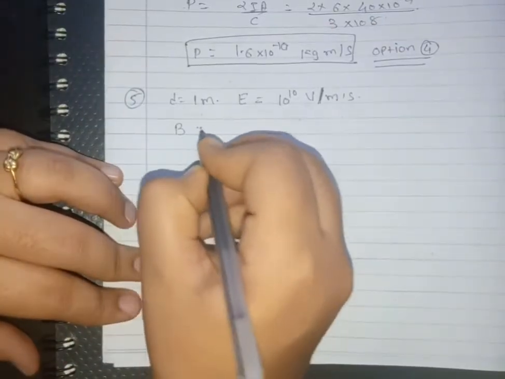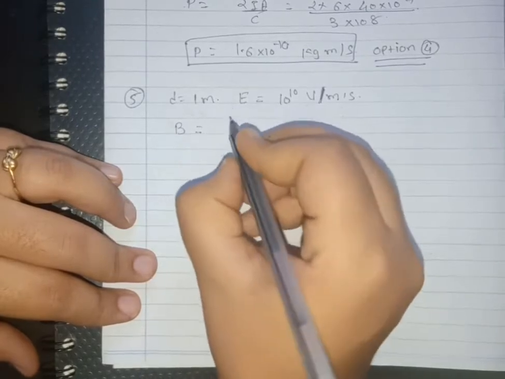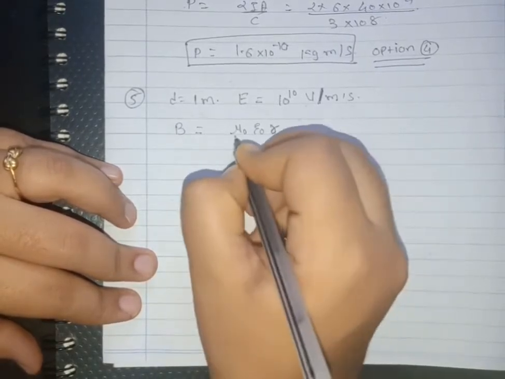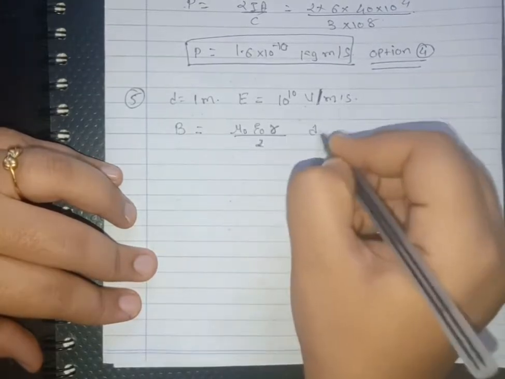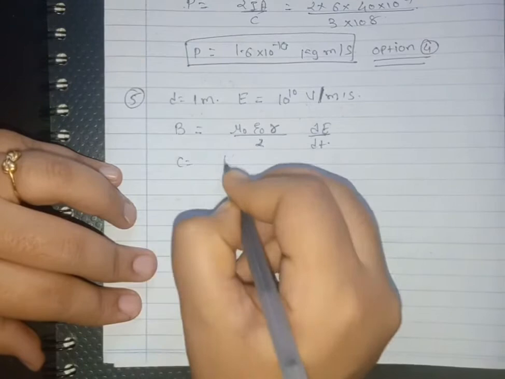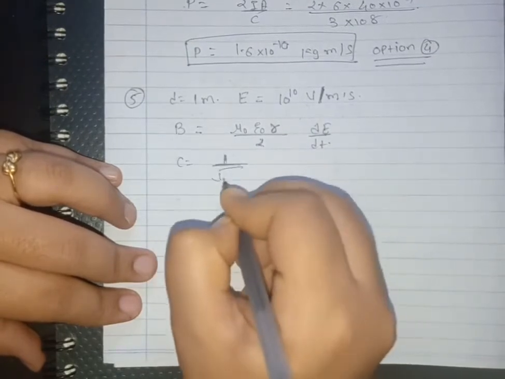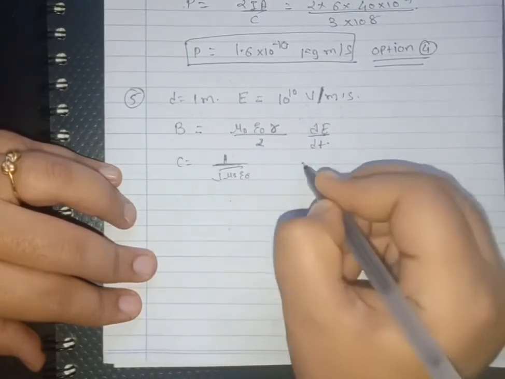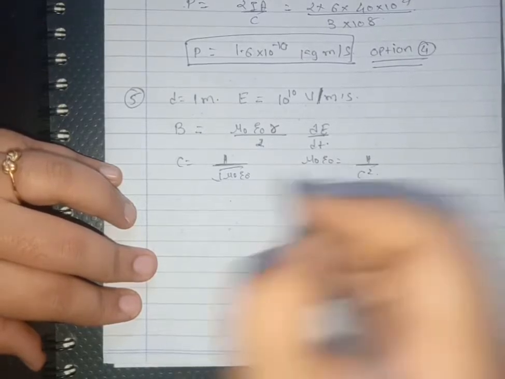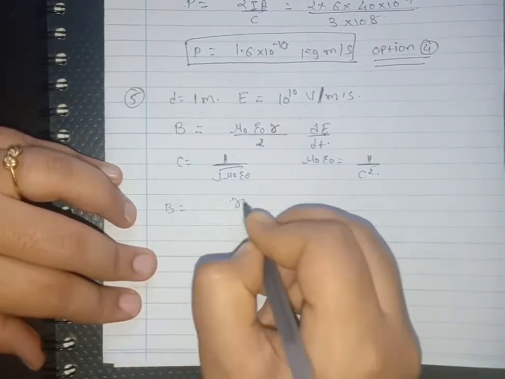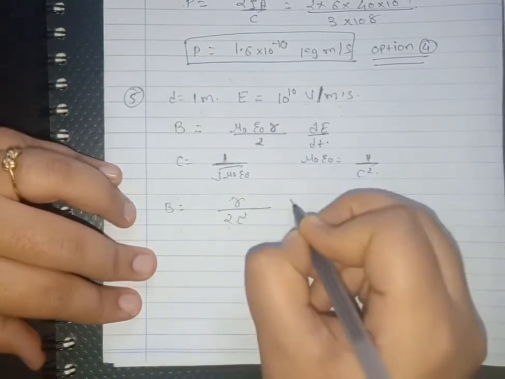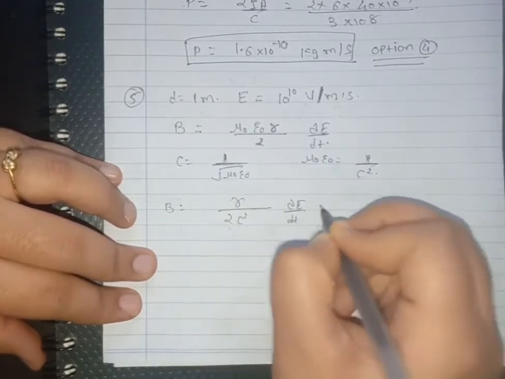Here magnetic field is given by mu naught epsilon naught r divided by 2 into dE by dt, but C is 1 upon under root mu naught epsilon naught, so mu naught epsilon naught is equal to 1 upon C square. So B will be equal to r upon 2C square into dE by dt.